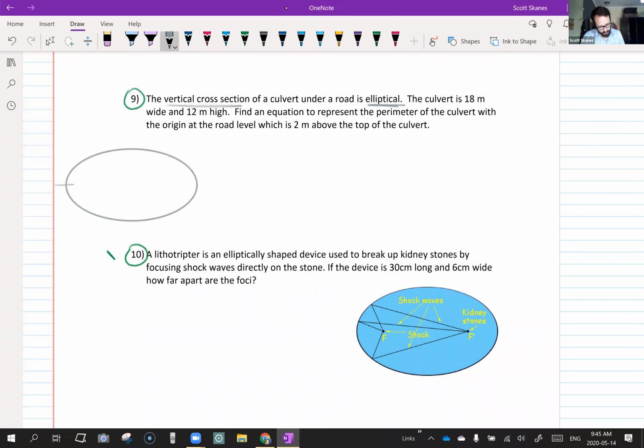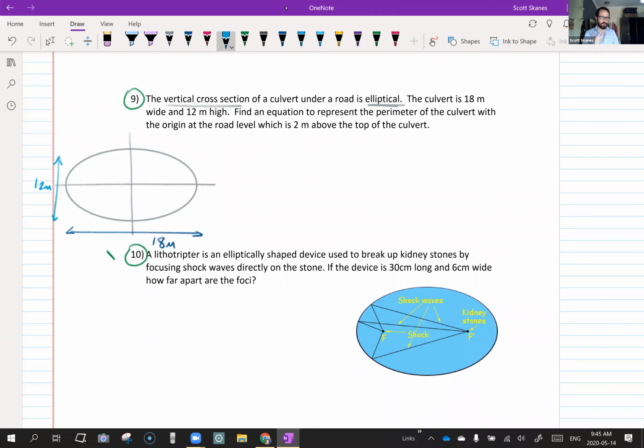And if I was to draw my axes, it would be like that. Let me color code it. This distance is 18 meters. This distance is 12 meters.